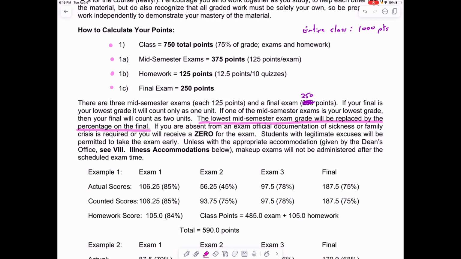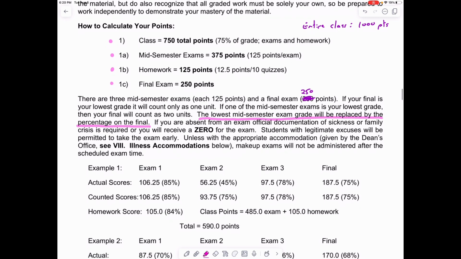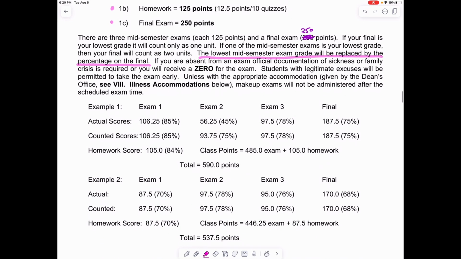I want this to be a positive, not a negative. So as long as your final exam is higher than your lowest mid-semester exam, then your final percentage will replace it. And I show that in these two students here, example 1 and example 2.